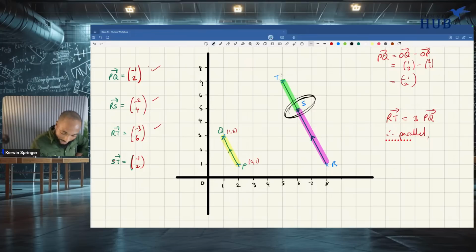Look, ST and RS, if they're parallel and they share a common point, it must mean that they lie on the same line. Now for CXC, we have never seen them ask you to prove collinearity for vectors that are disjoint from each other, which would require deep coordinate geometry work. This is basic stuff here. You're just showing that they share a common point. That's all you'll have to do for CXC.